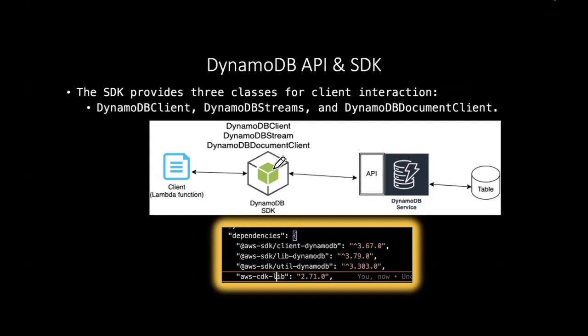And this SDK is what we would be using in our Lambda function. All I'm saying up here is that there are three DynamoDB clients that you can use to communicate with the DynamoDB service. The one that we will mainly use is this one here, DynamoDB document client.